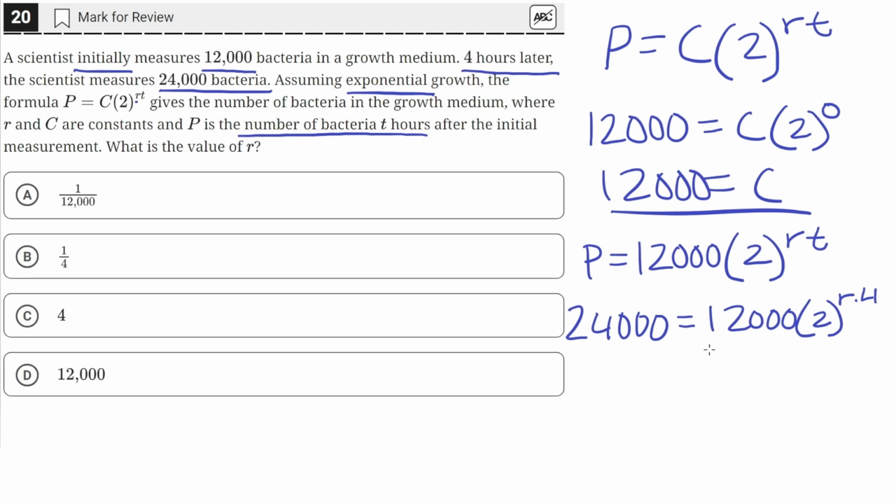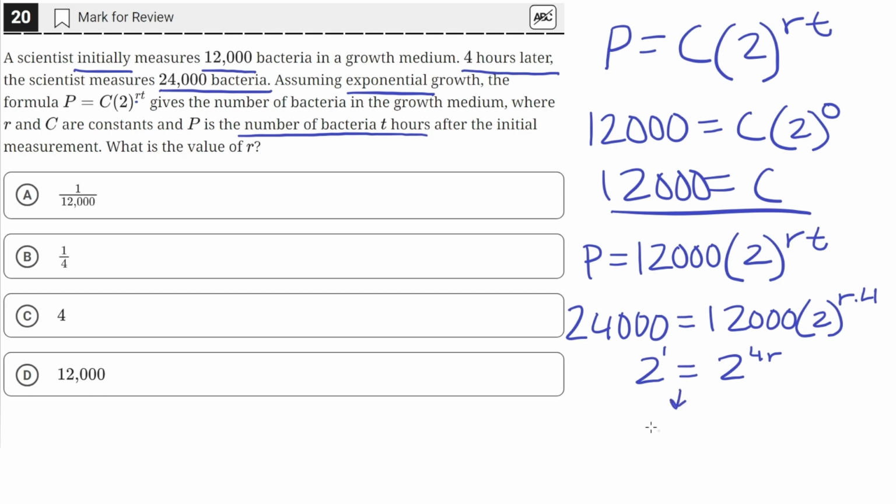Okay, so now let's divide both sides by 12,000. So when we divide both sides by 12,000, we get a 2 on this side. And we're left with 2 raised to the 4r. Okay, so then here this 2 is just raised to an exponent of 1. And since the bases are the same, we just need to set the exponents equal to each other in order to satisfy this equation.